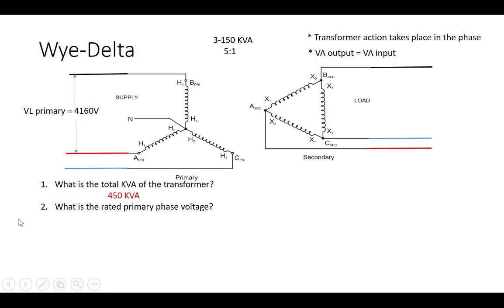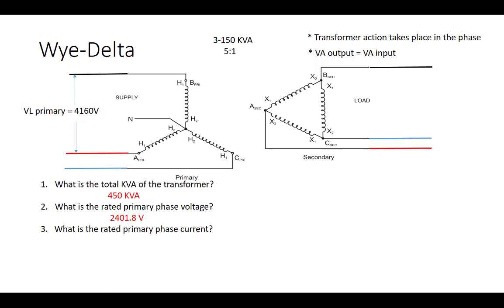The primary phase voltage, if our primary is connected to a supply where the line voltage is 4160, the rule for Y is that phase voltage is line voltage divided by root 3. So 4160 divided by root 3 will give us a phase voltage of 2401, right around 2400 volts.